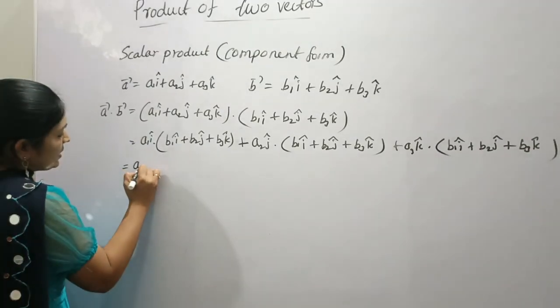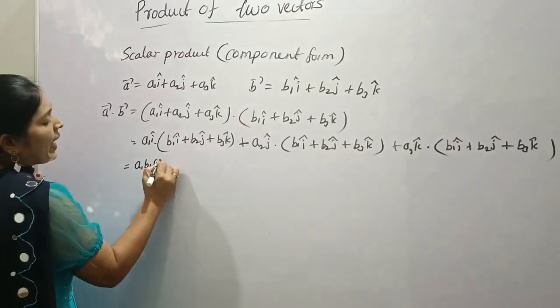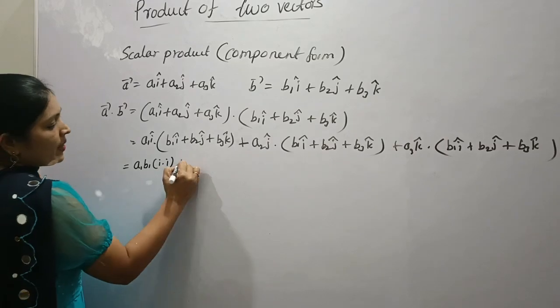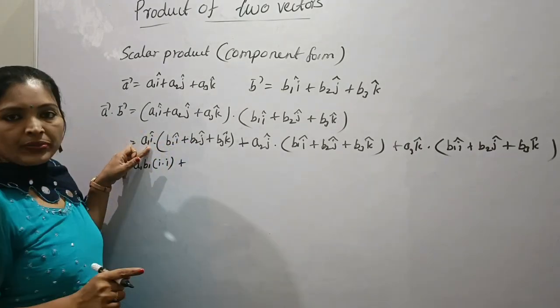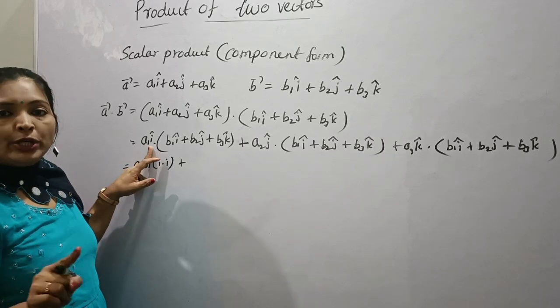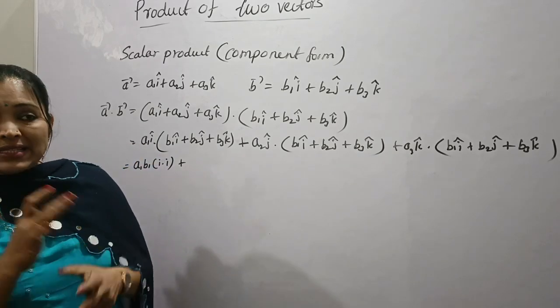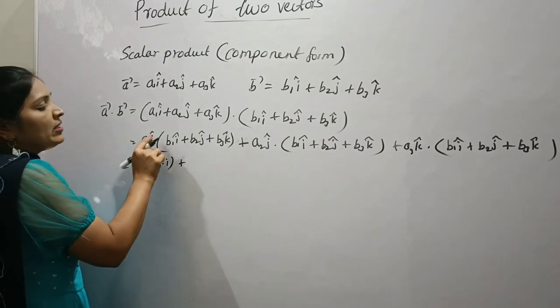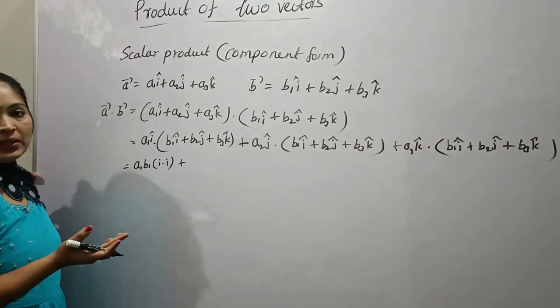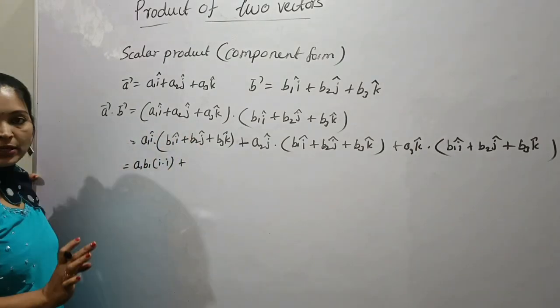Therefore, here we can write a1 b1 i dot i. Next is a1 i dot b2 j, that is a1 b2 i dot j. What is i dot j? 0, right? So here we will get a1, next term will be 0, because i dot j is 0.